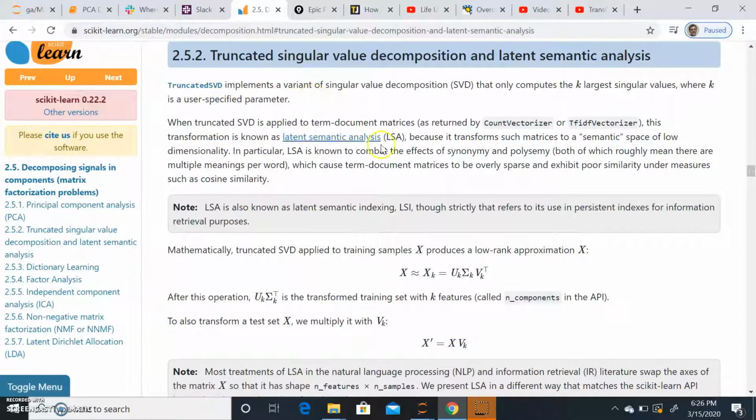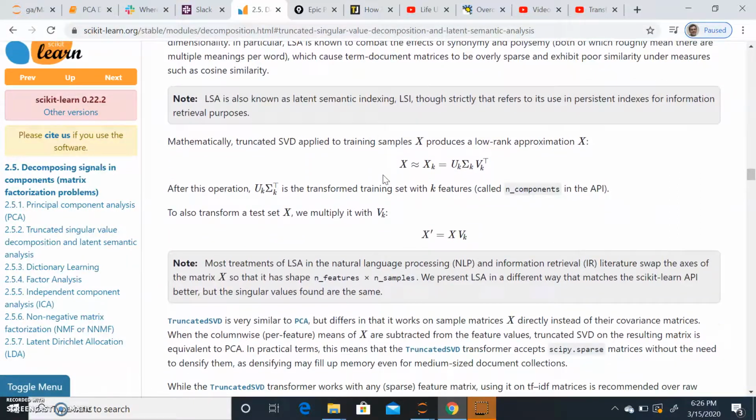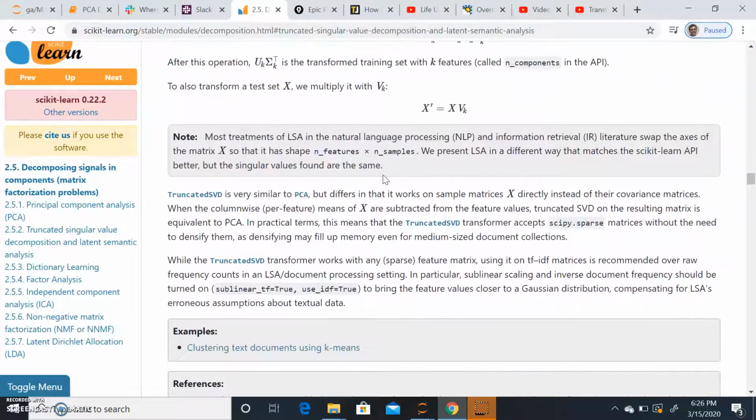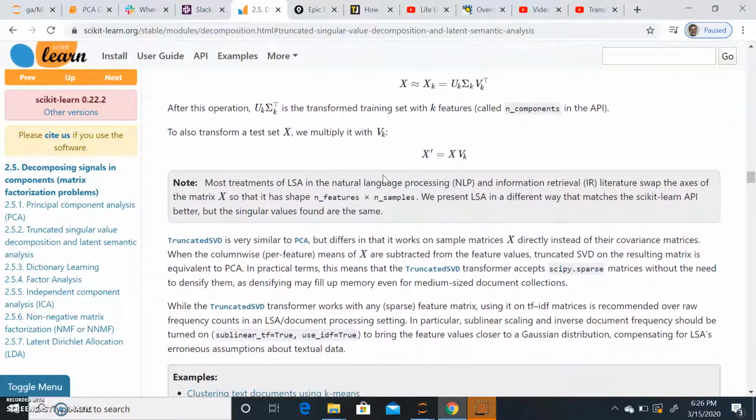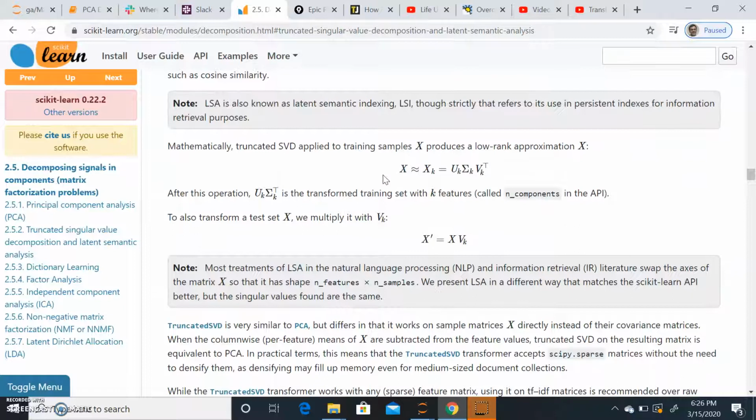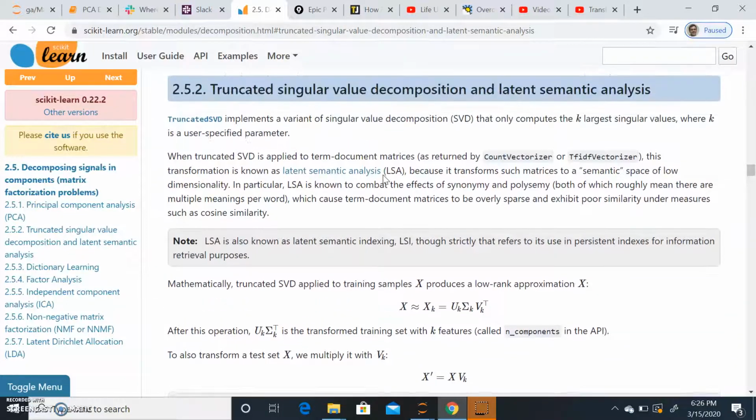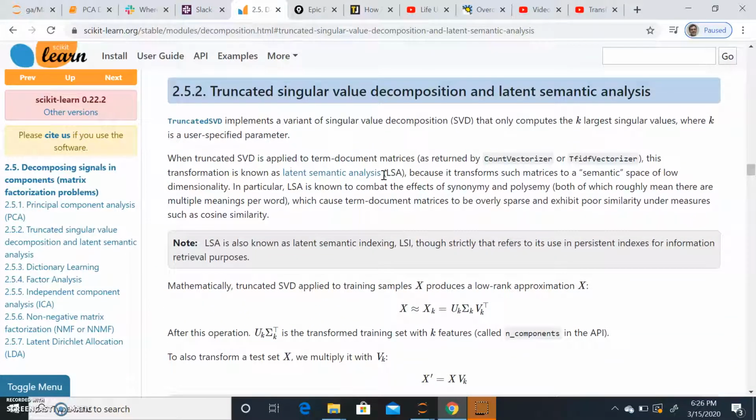You can essentially think of this as PCA for sparse matrices. The idea behind this is that sometimes you might have data sets with something like 100,000 columns and 50,000 rows. Those are naturally going to be very difficult to work with. Truncated SVD is a form of principal component analysis designed specifically for those sorts of scenarios.